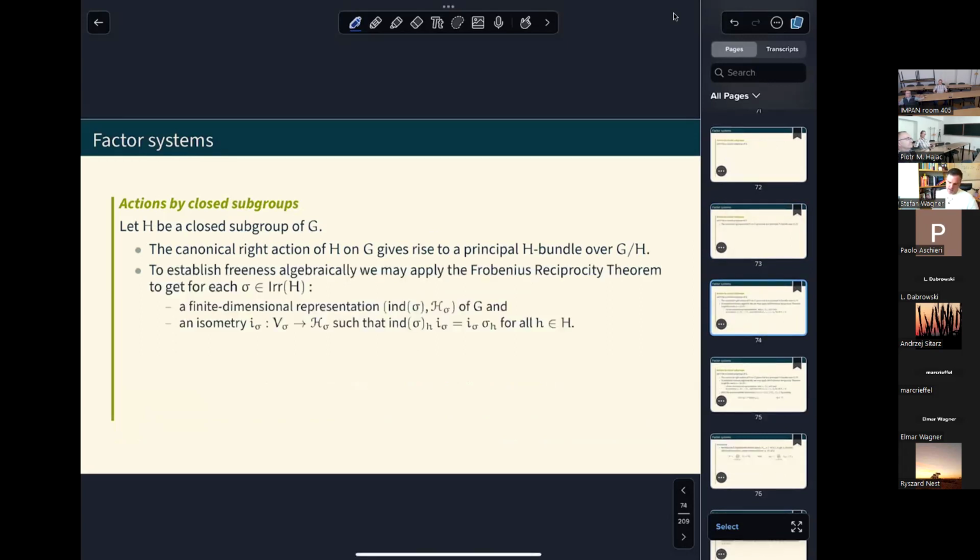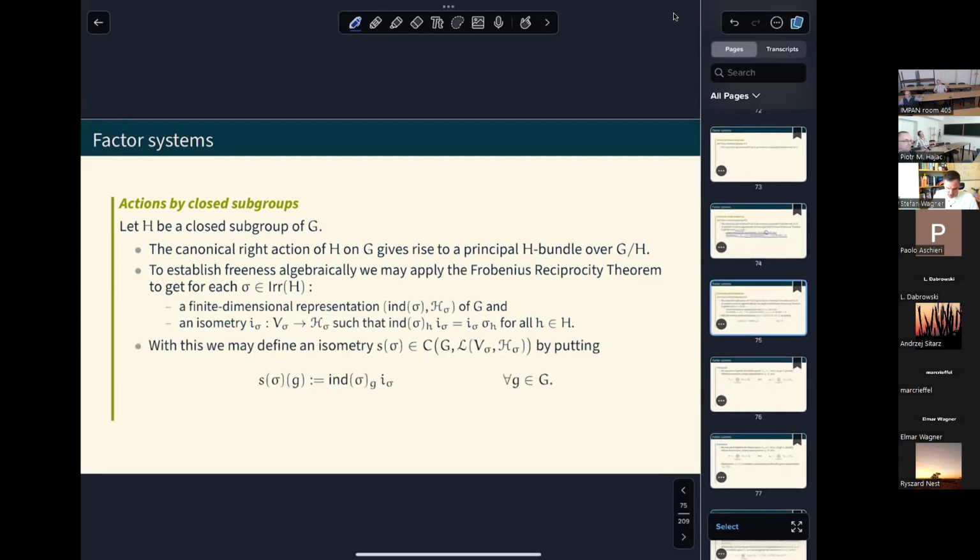Here you apply the Frobenius reciprocity theorem. For each irreducible representation sigma of H, you find this finite dimensional representation of G, and you find this isometry from V_sigma into H_sigma such that you have this commutation relation.